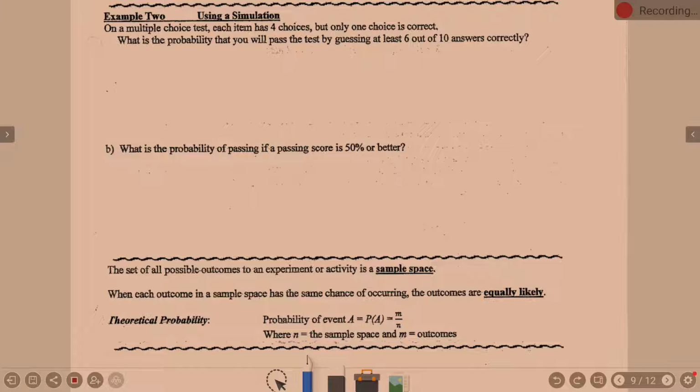The example we're looking at: on a multiple choice test, each item has 4 choices, but only one choice is correct. What is the probability that you will pass the test by guessing at least 6 out of 10 answers correctly?